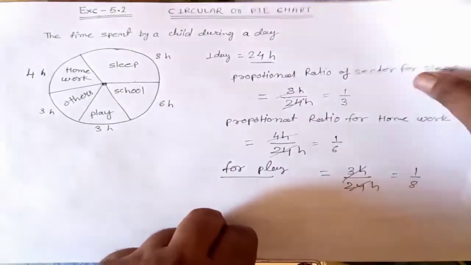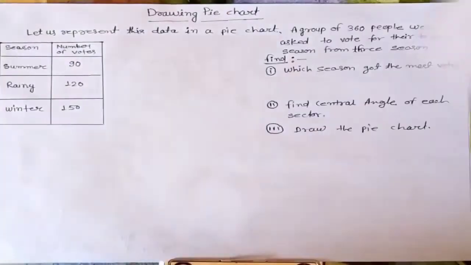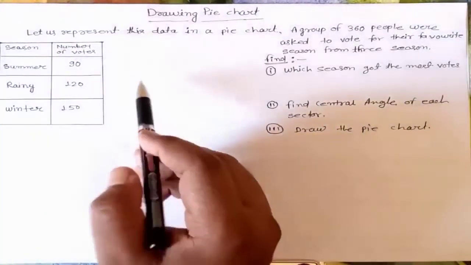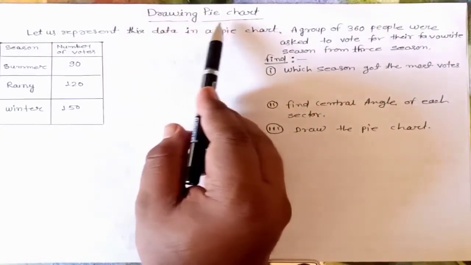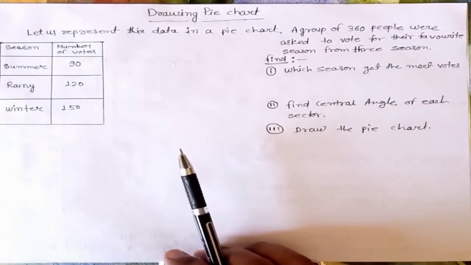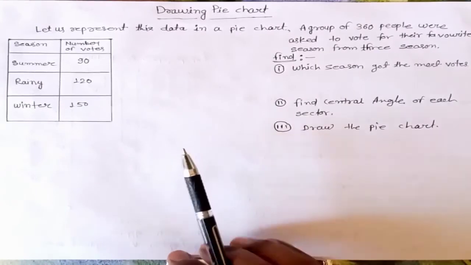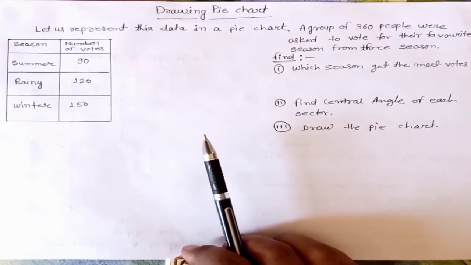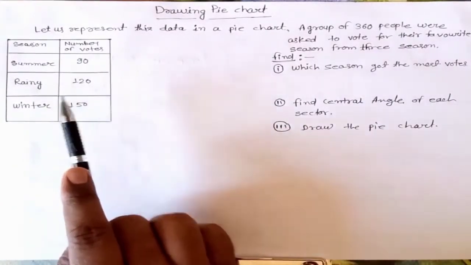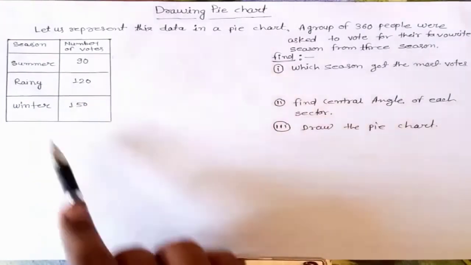Now move on to the next. Now the next question arises, draw a pie chart. There was already a made pie chart. Here is a question and we have to make a pie chart, right?